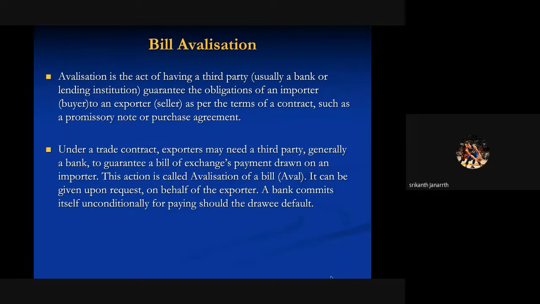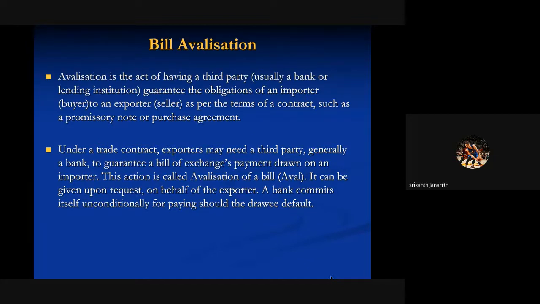So the exporter may need a third party, generally a bank, to guarantee the bill of exchange payment drawn on an importer. So the exporter wants the money, where if the levelization is done on the bill of exchange, then the bank can easily pay because the bill is levelized by a bank.